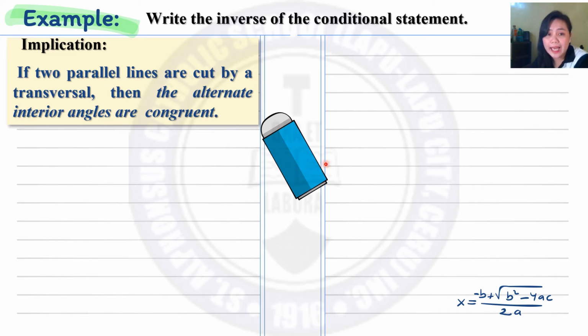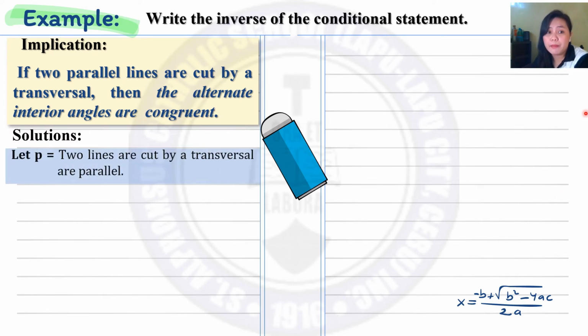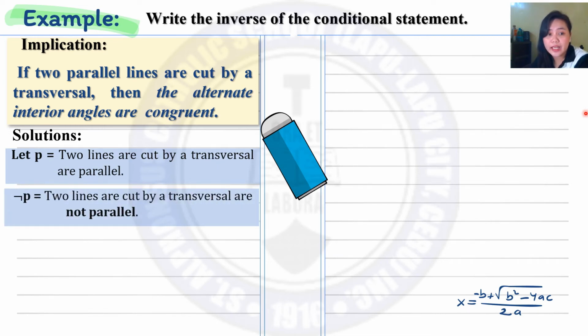So if two parallel lines are cut by a transversal, then the alternate interior angles are congruent. We let P be two lines cut by a transversal are parallel, and then the negation of P, not P, is two lines cut by a transversal are not parallel.